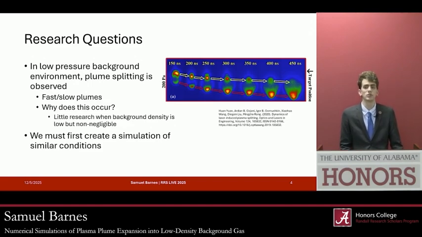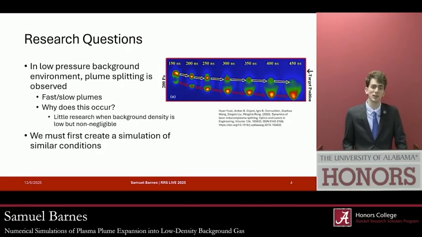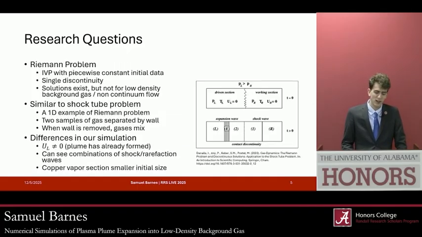In order to examine this problem, we need to create a simulation of similar conditions. We can approximate this using what's called the Riemann problem, which is an initial value problem with piecewise constant initial data, so there's only a single discontinuity somewhere within your sample.